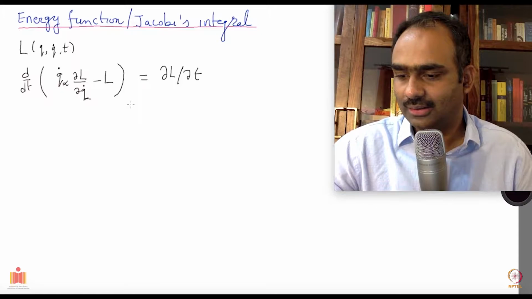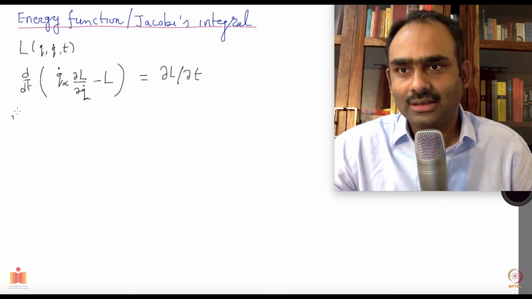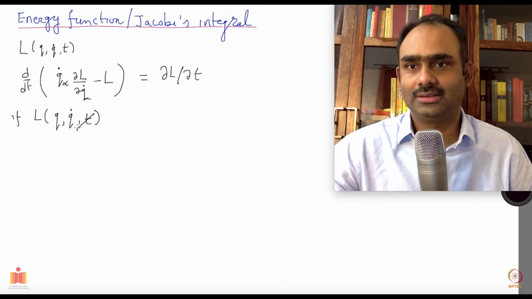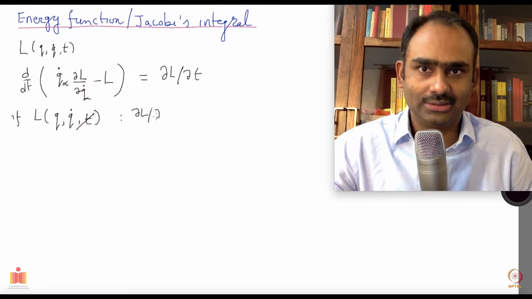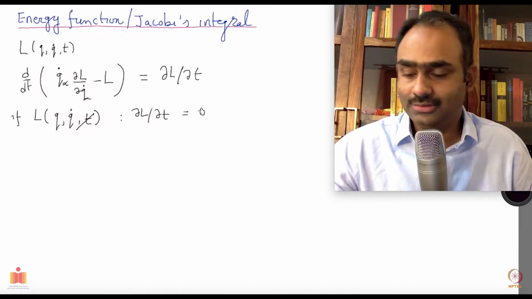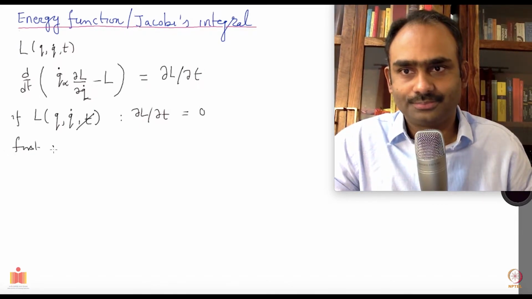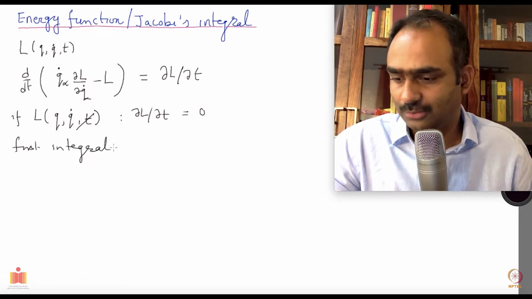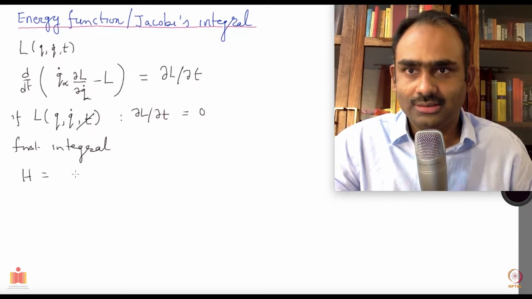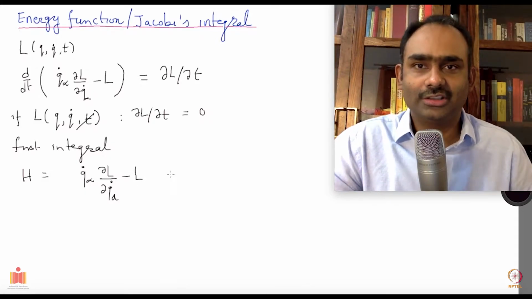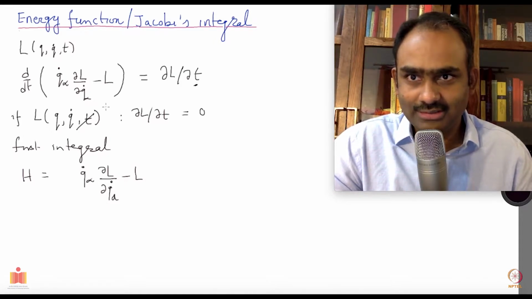Now if the Lagrangian is not a function of t explicitly, which just means that del L over del t is 0, then the first integral of motion h, q alpha dot del L over del q alpha dot minus L, is a constant of motion, because this term is 0 and the total time derivative of h is 0.